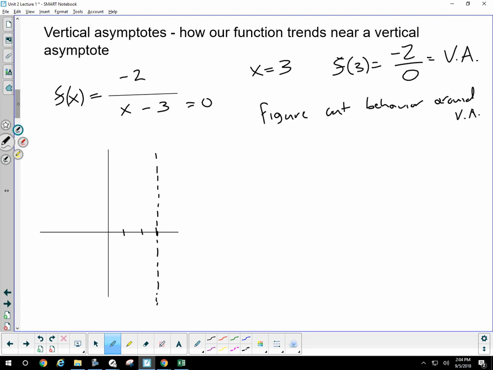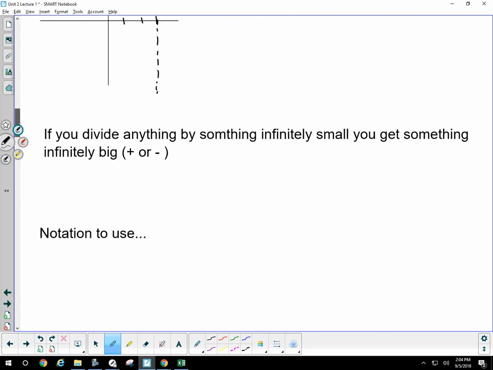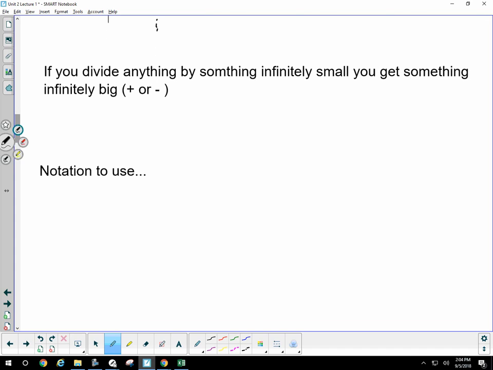All right. Now, here is a new idea. If I take something, anything, let's take the number 3. And let's look at a series of fractions, like 3 over 1, 3 over 0.1, 3 over 0.0001, 3 over 0.00000001.